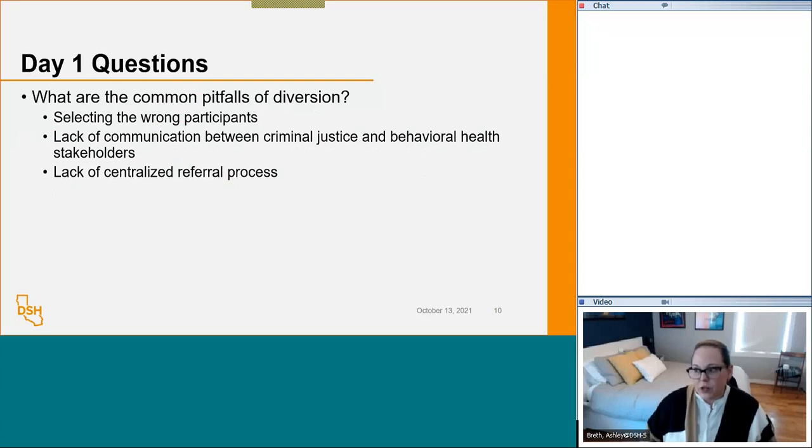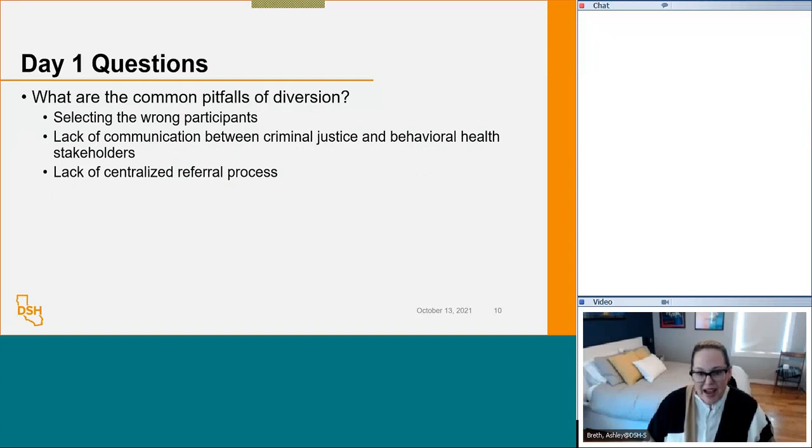What are the common pitfalls of diversion? This is a great question, and I have a pretty simple answer for you right now. Some of this we'll be speaking to today, and some of it will be touched on over the course of the rest of the sessions. So far, what we are seeing where things aren't working as well is because the wrong people are being diverted into the program.